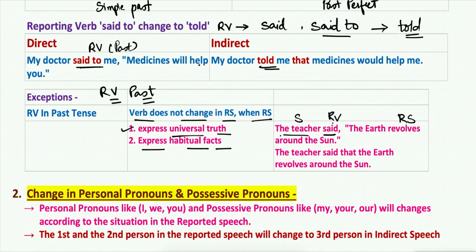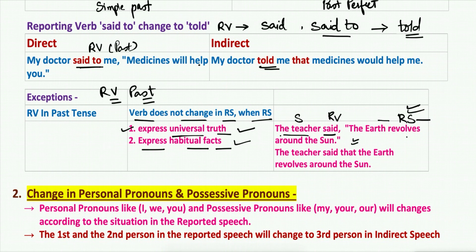So the reporting verb here is past tense. So we know that when the reporting verb is in past tense, then definitely the verb of the reported speech will change. But it will not change in two conditions: when it is a universal truth or when it expresses the habitual fact. So the earth revolves around the sun is the universal truth.